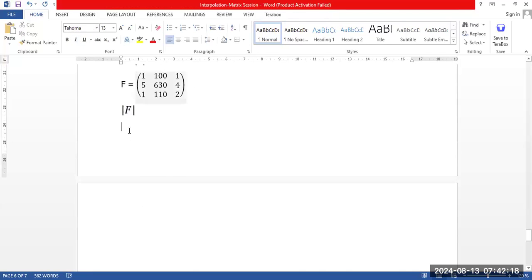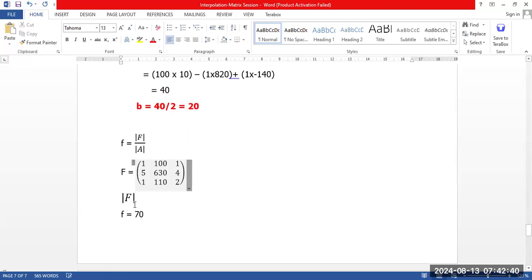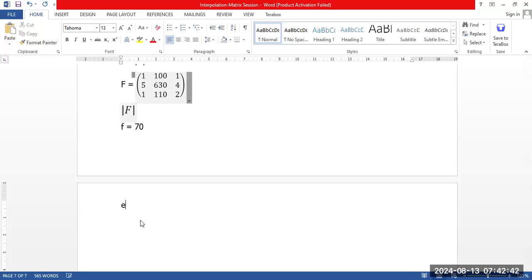What was our F? F should be equal to 70. If you get the determinant of F divided by determinant of A, your F should be 70. Then to get E, you will get determinant of capital E.